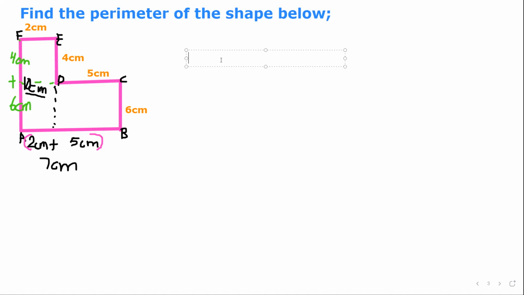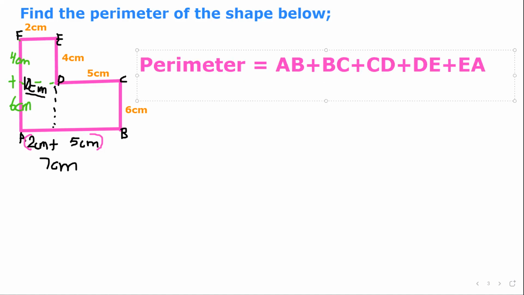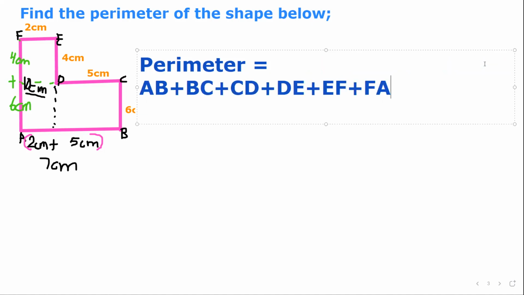So the perimeter, which is line AB plus BC plus CD plus DE plus EF plus FA. Okay, good.